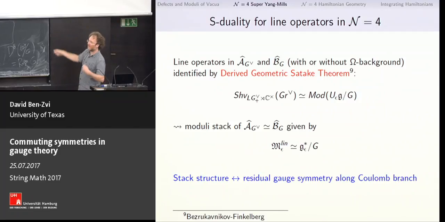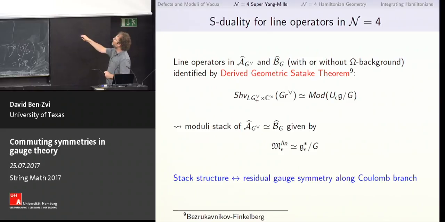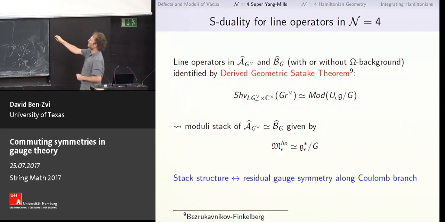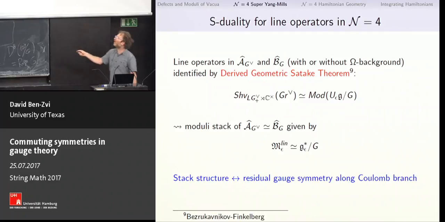This space becomes a mildly non-commutative space, and it just means that I know what sheaves on it are: sheaves on it are representations of U(g). I don't know if that's useful or mnemonic or not, but in any case, I know that line operators are this, and I'm interpreting that as saying that the moduli space is some quantum version of the coadjoint quotient.